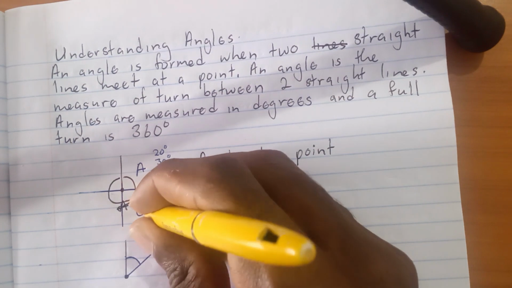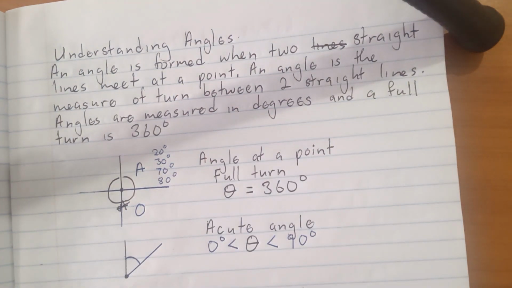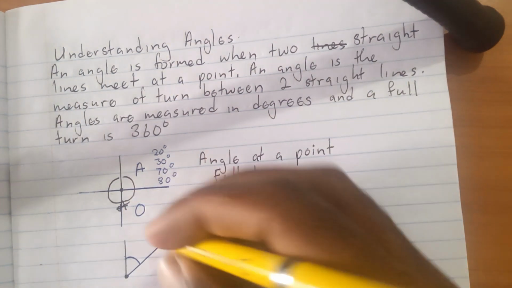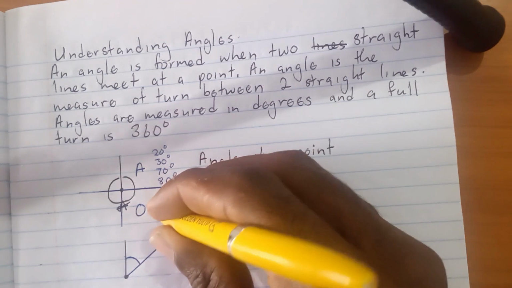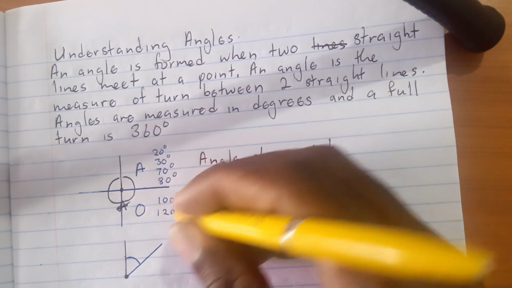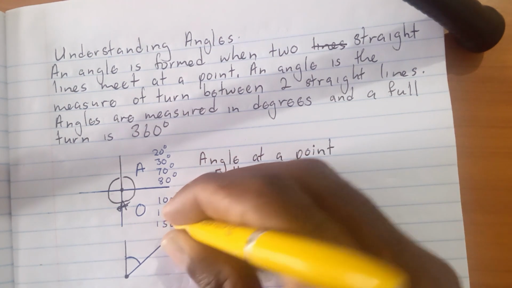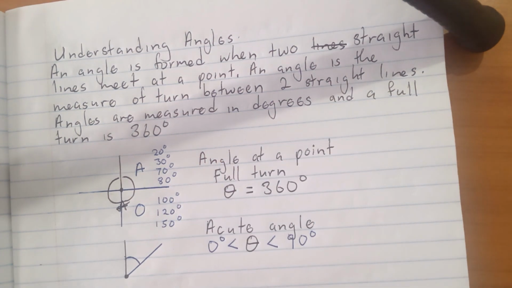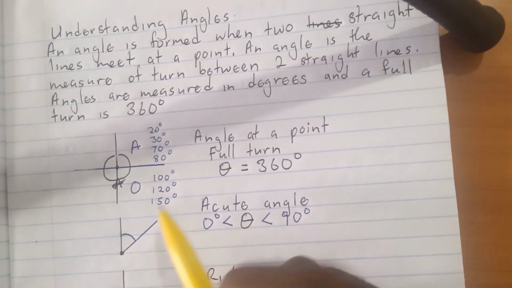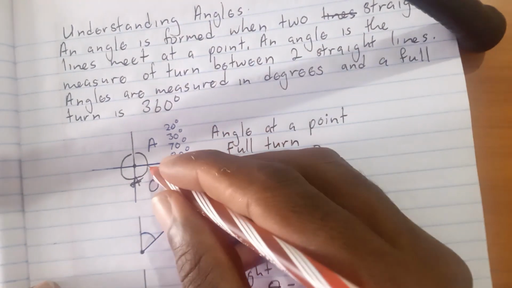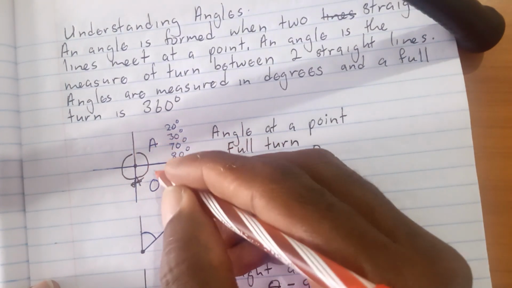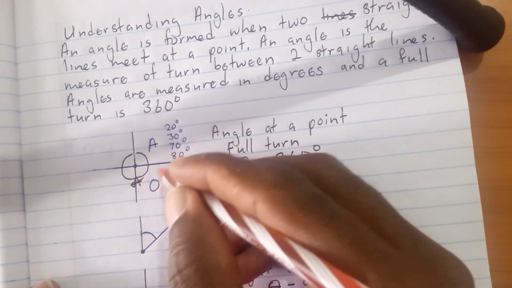I'll use letter O. Anything that is more than 90, that could be 100 degrees, 120 degrees, 150 degrees, as long as it's less than 180. All those are obtuse angles, starting all the way from here, coming all the way here.